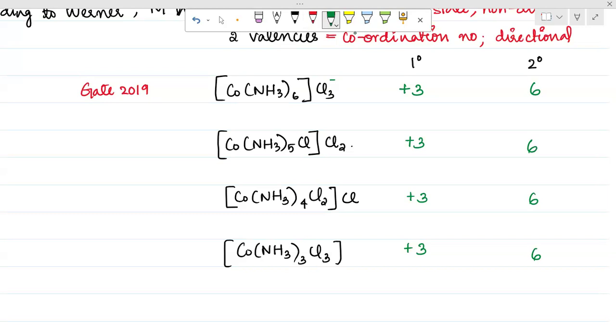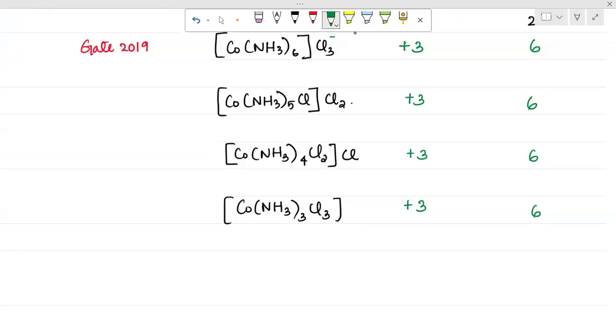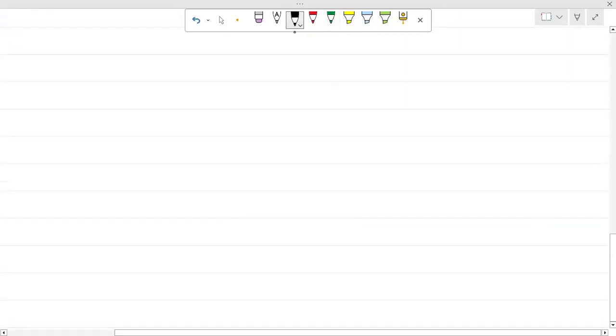Okay, easy. Now, the next thing Werner said is, if any metal, let's say you have 2 ligands. So M is the metal and you have 2 ligands. Let's say this is 4 in number and this is 2 in number.